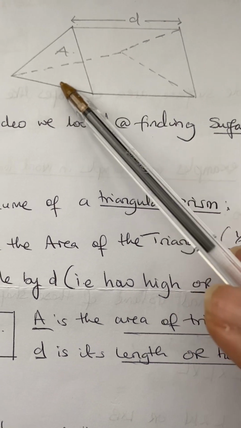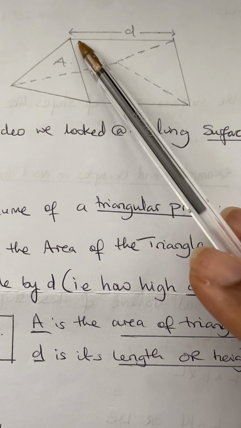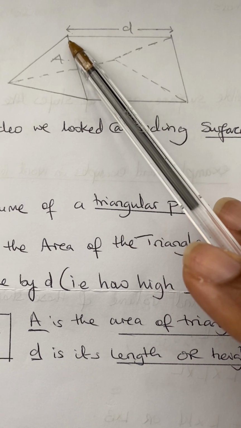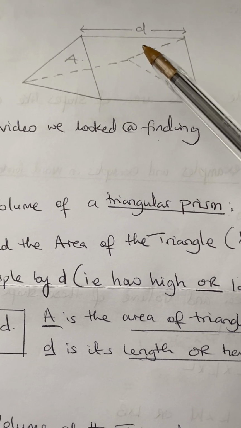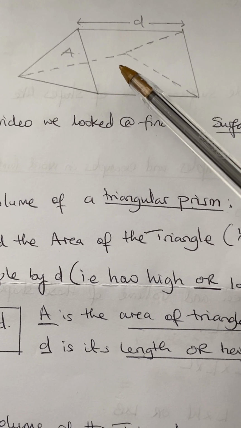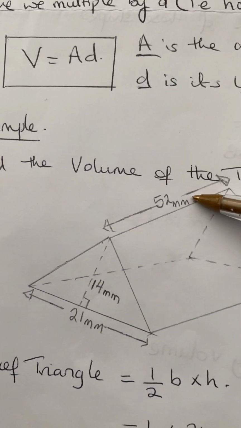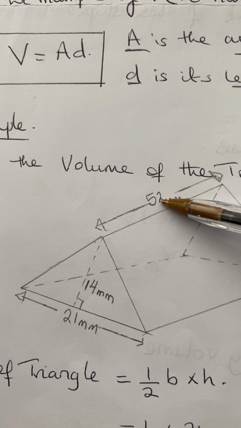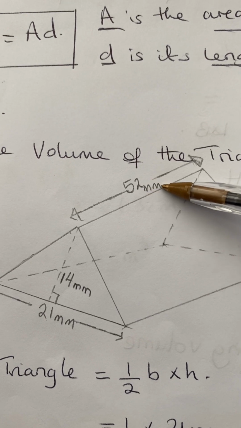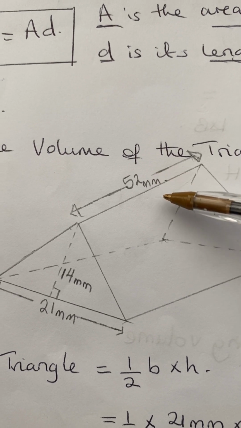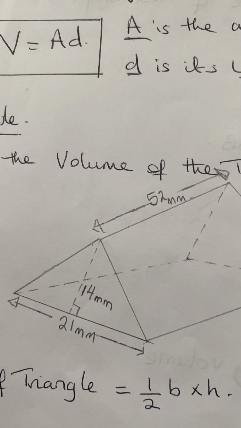After you've used half base times height to find the area, you multiply by the distance, and your unit will be unit cubed. If the units you've been given in the figure are millimeters, then your answer will be millimeters cubed if you are finding the volume.